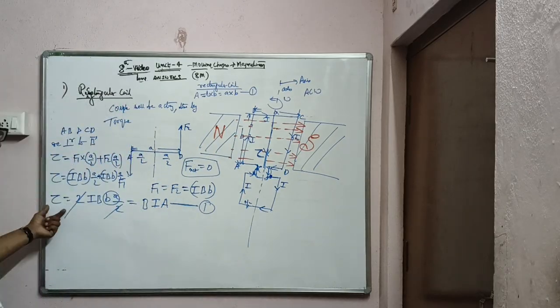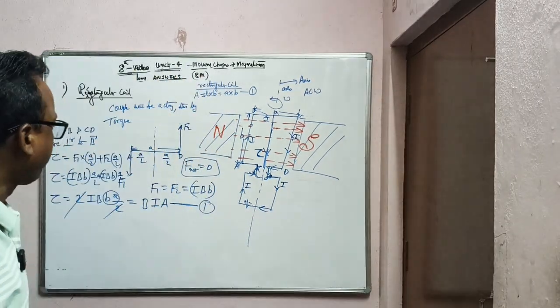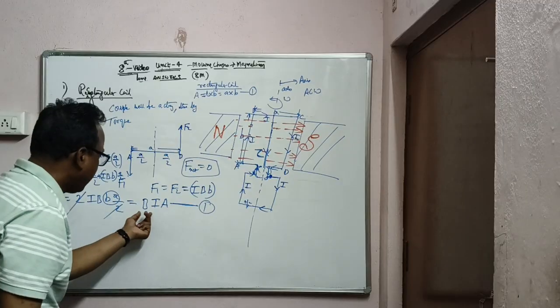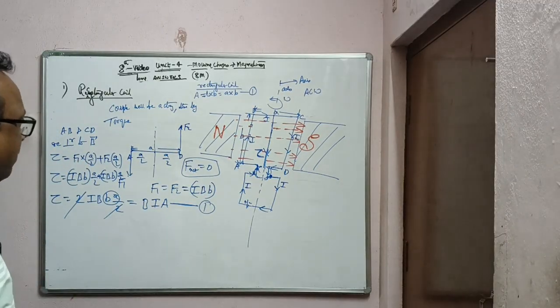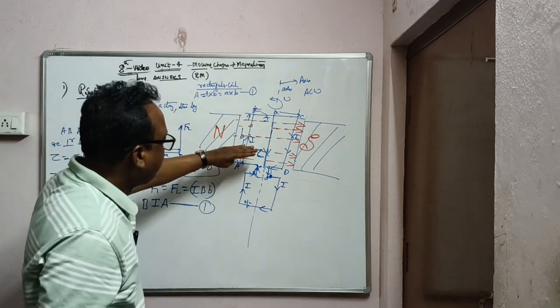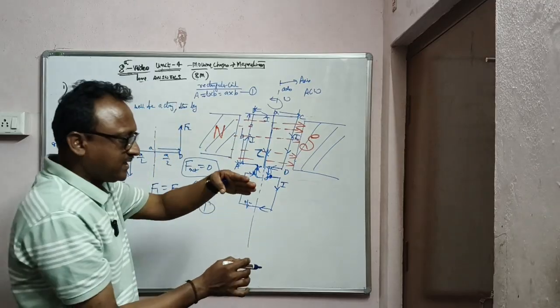We got the torque acting on the rectangular coil placed in the strong magnetic field, in terms of current and area of the rectangular coil. But remember one thing: this holds when the plane is along the field.